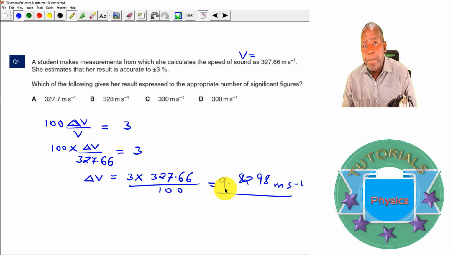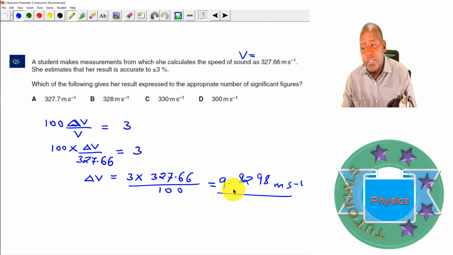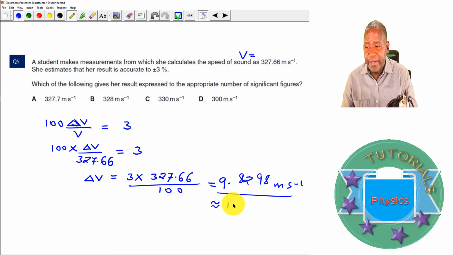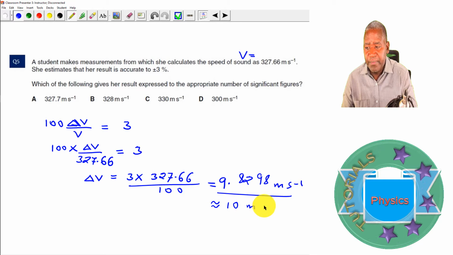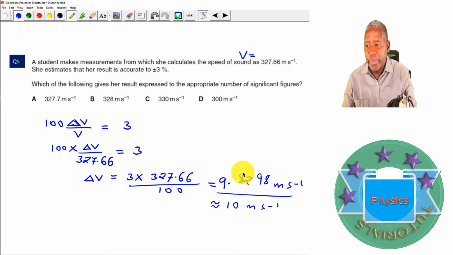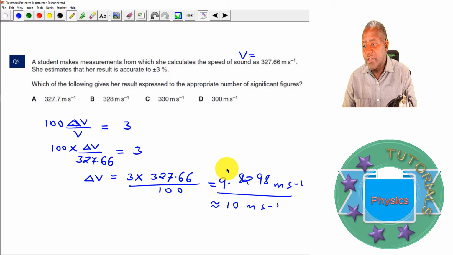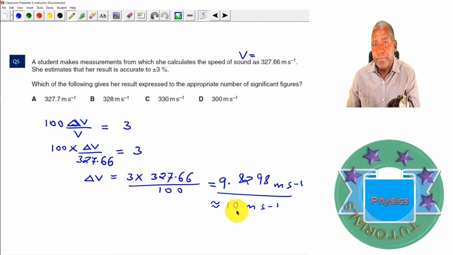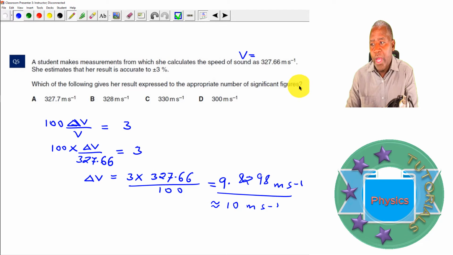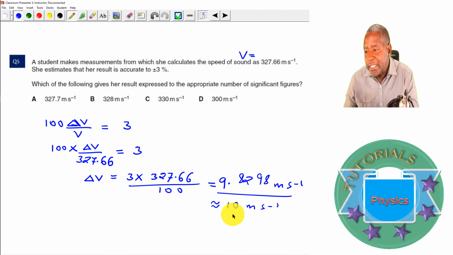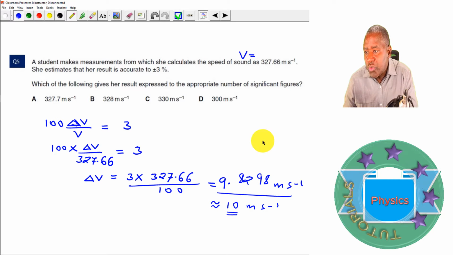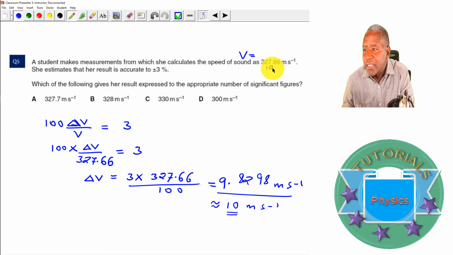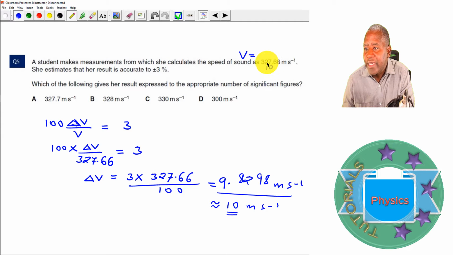So it's important to realize this, that this one will be 10 meters per second. So we round up to this value, but this value again gives us a value with 2 digits. But before we can know how to write down this value, let's appreciate that this 10 is going to affect 2 and 7 here. 2 and 7, it will affect this.